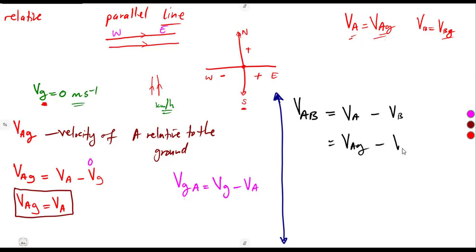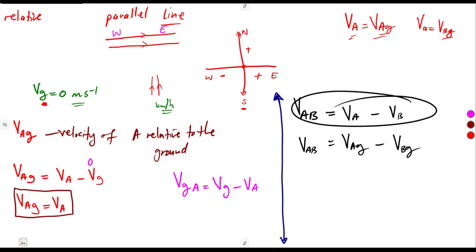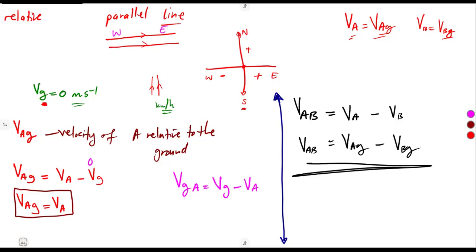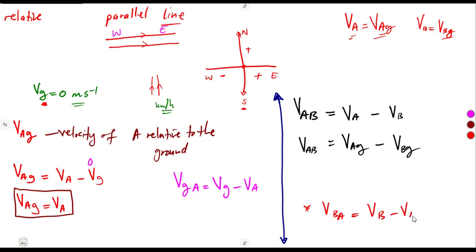What about VB? Actual velocity again, velocity to the ground. So meaning to say VAB, someone can write this formula this way, someone can write it this way, as long as you understand what you're writing. It's one and the same thing that we are representing there. In the same manner, we could have calculated VBA, B with respect to A or relative to A, as B minus A.